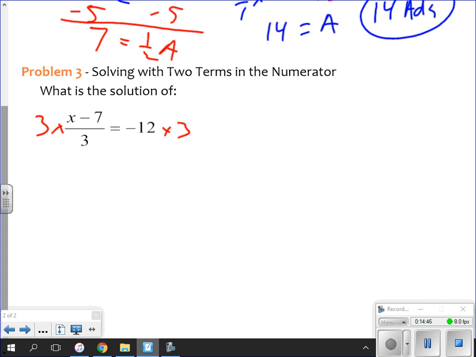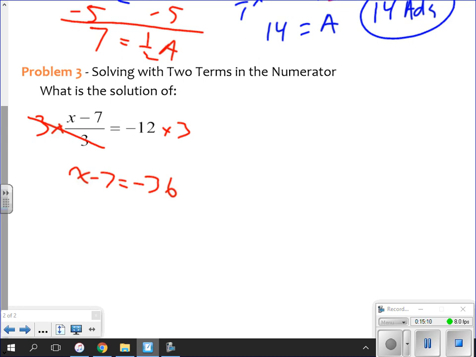Okay. So the 3's cancel. You get x minus 7, negative 12 times 3, negative 36. This is the one time you take care of the division before you take care of the addition or subtraction. When everything is being divided, not just the variable.